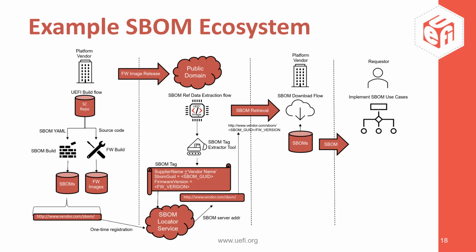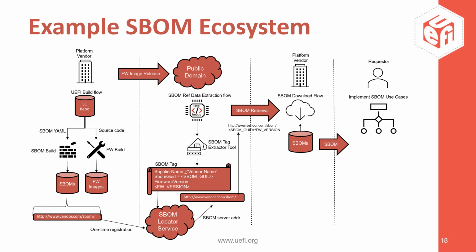So this individual in the public domain who wants to get the SBOM can construct the SBOM locator, which is the GUID with the firmware version plus the server address. In this case, the SBOMs are hosted at the platform vendor, so you would take that back to the platform vendor.